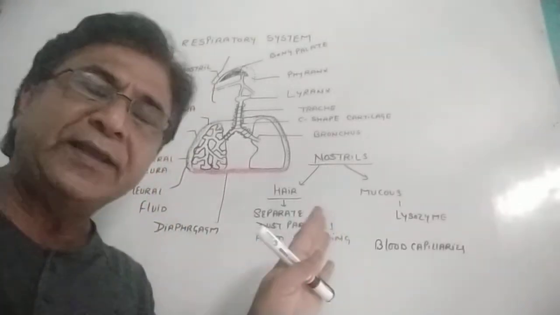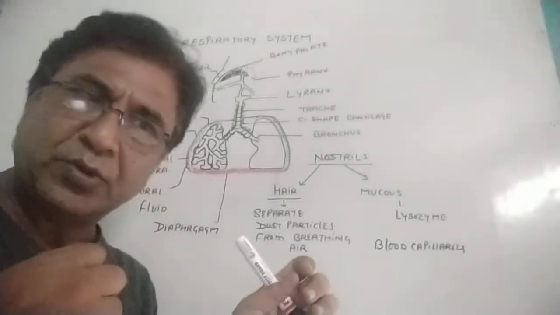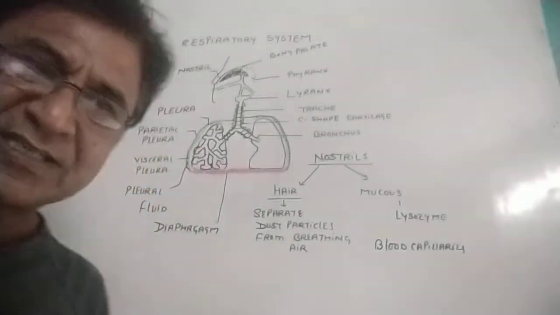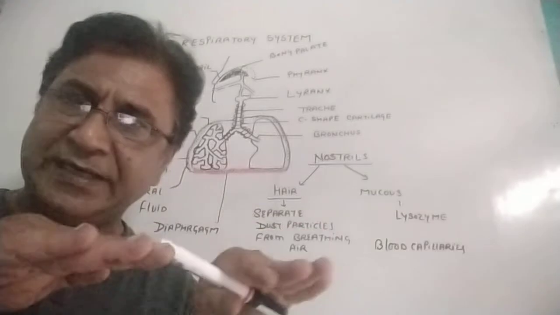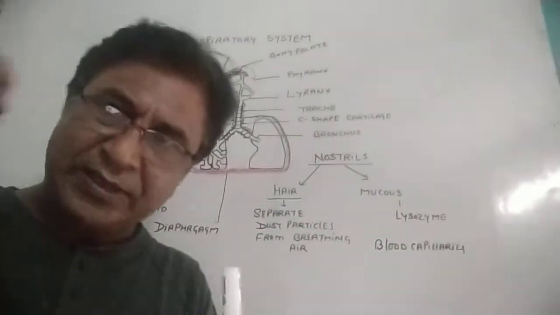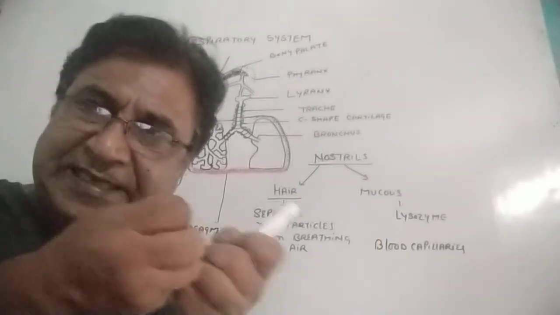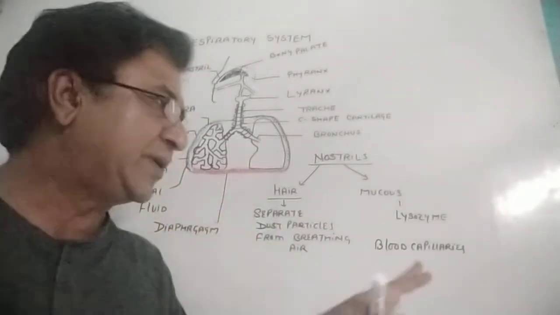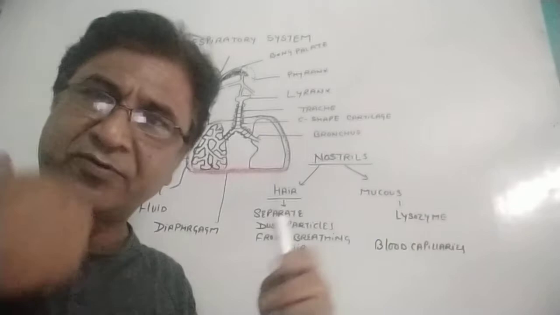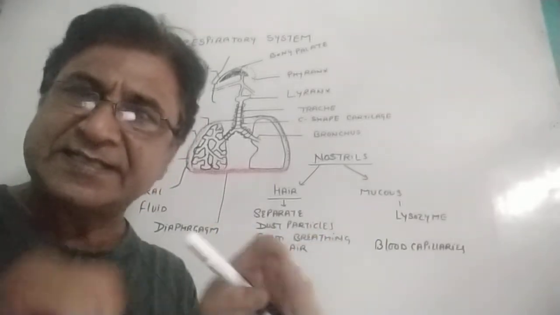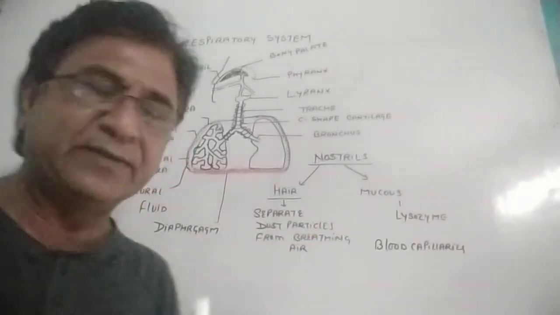Very cold air should not enter our body parts, because we are warm-blooded. We have to maintain the body temperature. When very cold air is entering, what happens? These blood capillaries give heat to this cold air taken in through the nostrils and adjust its temperature according to the body temperature.